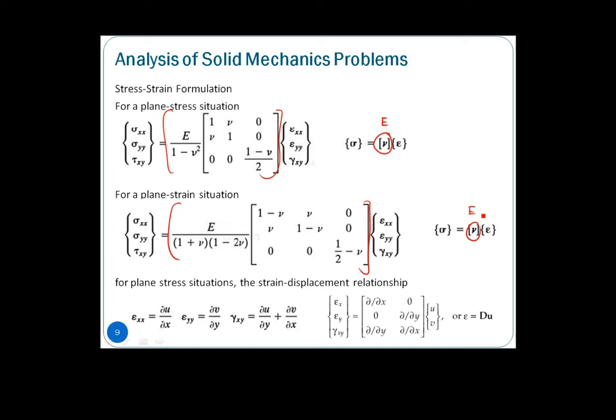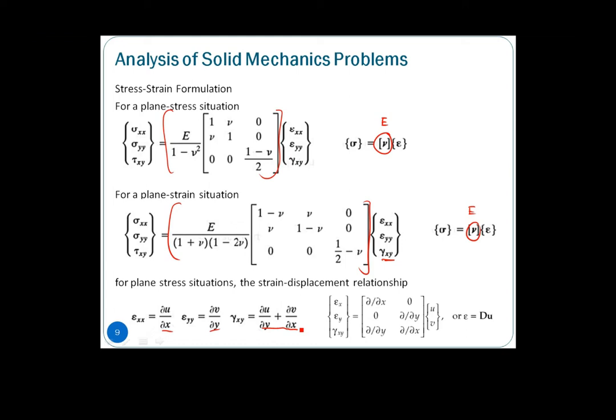All right. So if we can find the stress and strains, we can build the stress and strain relationships, right? So then, of course, we also have the strain and displacement relationships. Okay, del u, del x, and under plane stress situations del v, del y, and del u, del y plus del v, del x is your shearing strain gamma xy.